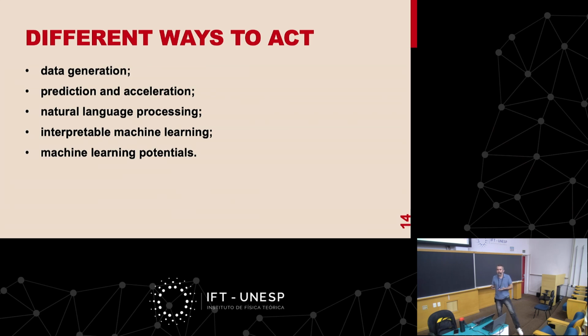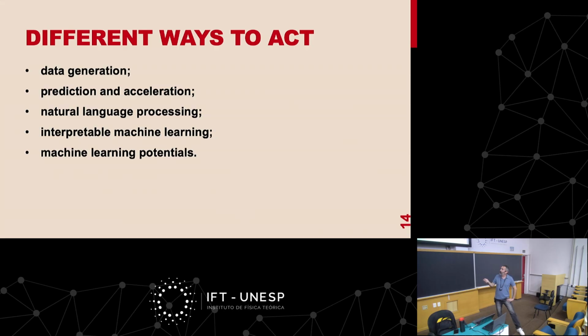If you want to do materials science, you need data, and there are still opportunities. Another one is prediction and acceleration. That is important, although I don't think it's that cool. Natural language processing, that is ChatGPT, this kind of thing. This is a very hot topic.